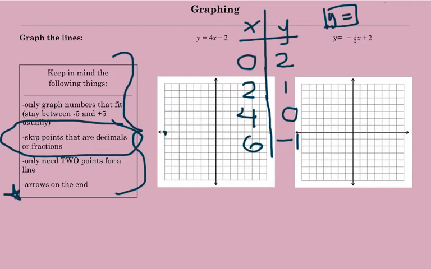I will do each of these in the same color this time. All right, let's start with 0, 2. 0, stay in the middle. Go up to 2. That guy's good. 2, 1. Over to 2, up to 1.